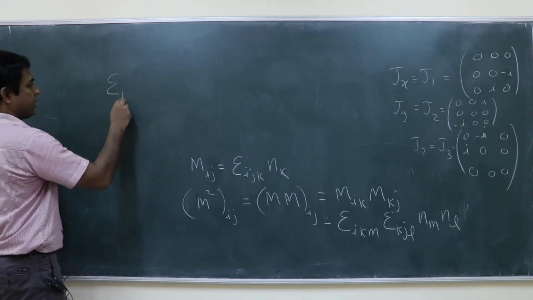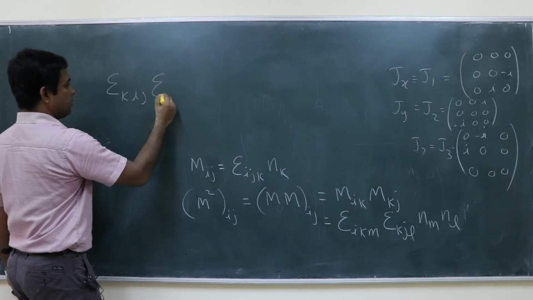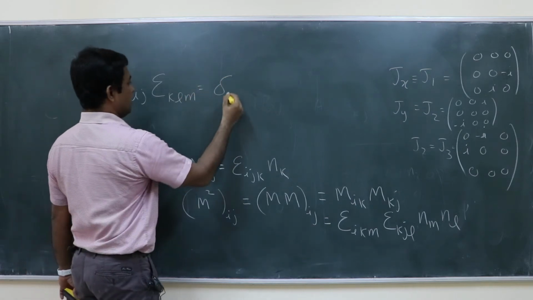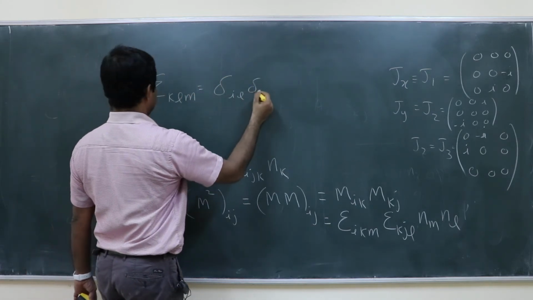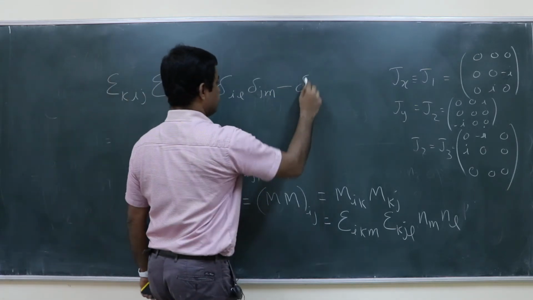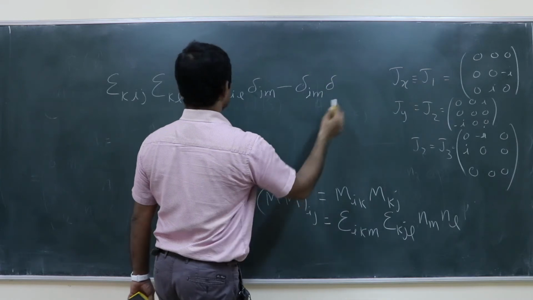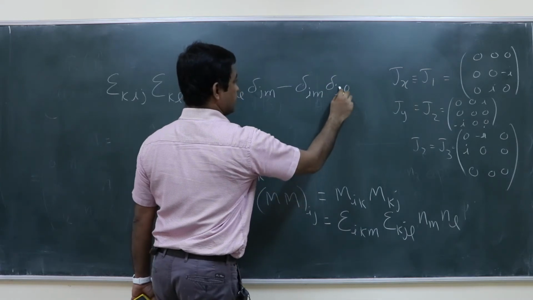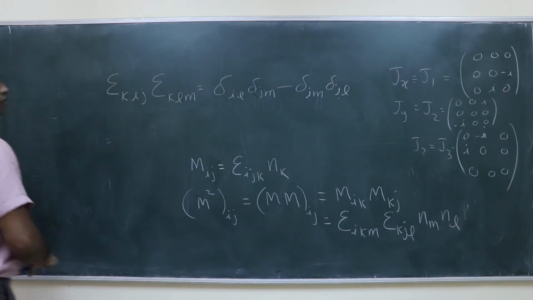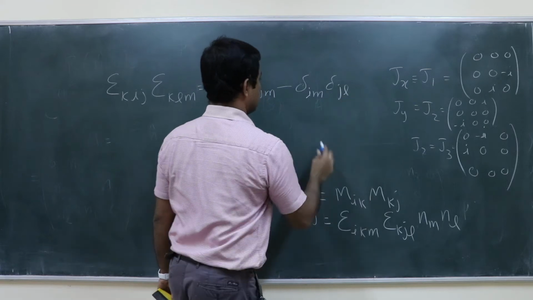Epsilon ijk epsilon klm, which is equal to delta il delta jm minus delta im delta jl.